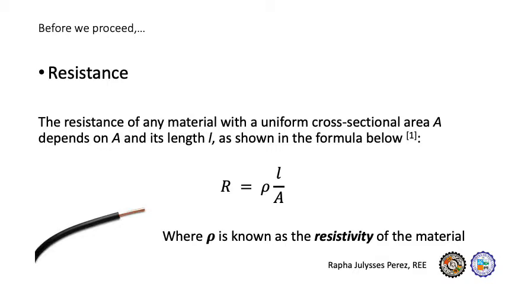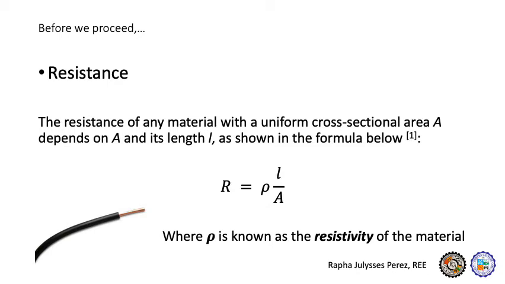The second topic that we would like to review would be resistance. We have discussed resistance in the past, and in this slide, we would like to delve more into what resistance means in any material.